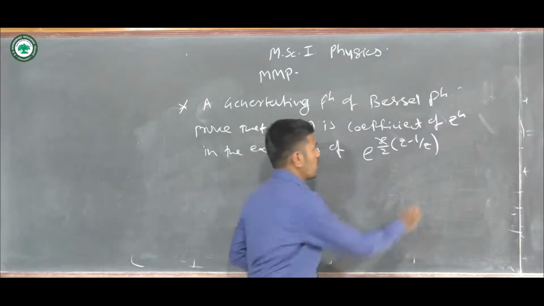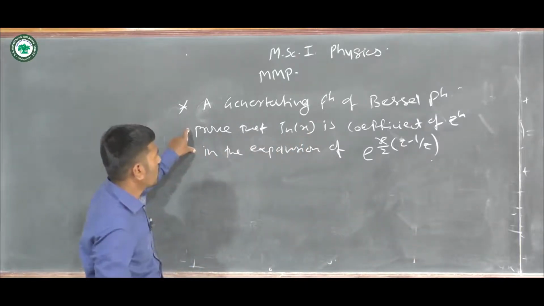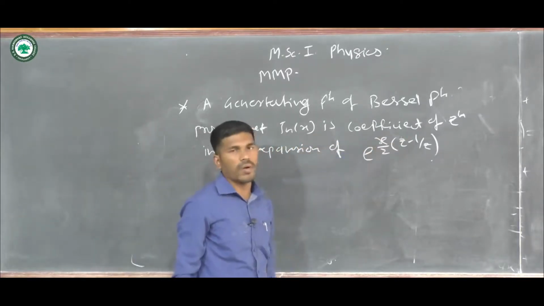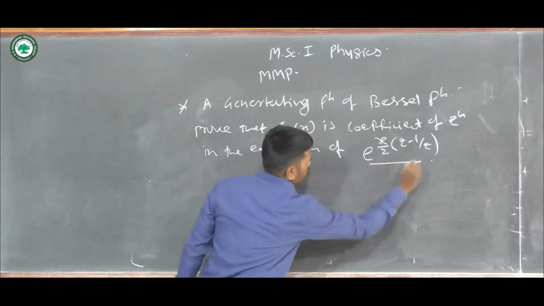So this is the question, that is, prove that Jn, the Bessel function, is the coefficient of z power n. So we try to expand these things.